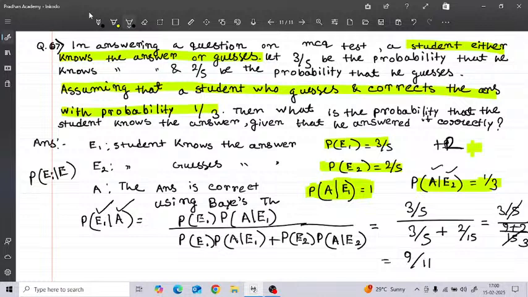This is a 4 mark problem. Then if you write Bayes theorem and this formula, you will get another 1 mark, and for this calculation you will get another 1 mark. So this is how a 4 marks question is divided in terms of marking.